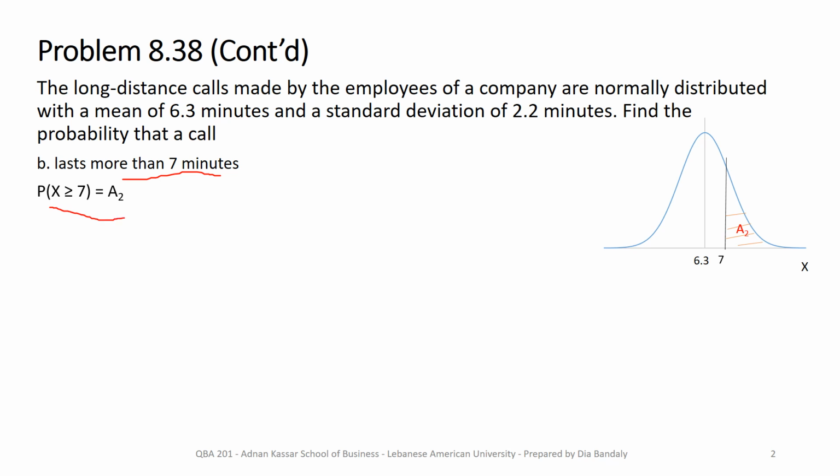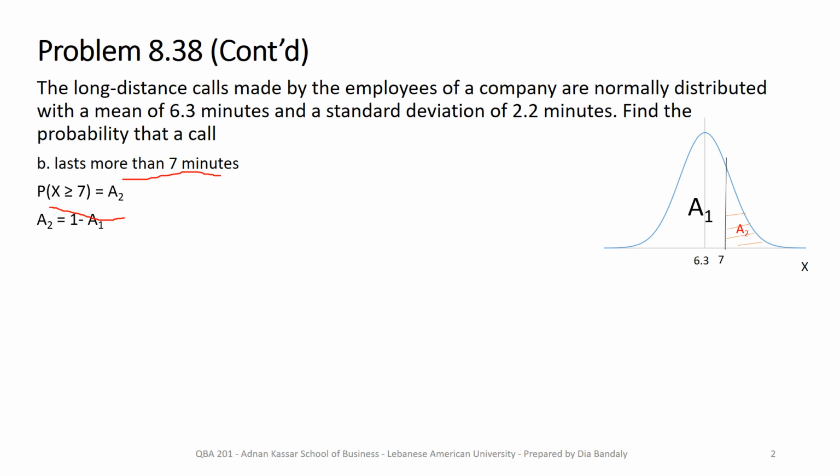But as we mentioned in the previous slide, A2 is an area that I cannot directly read in the table. Why? Again, because the table gives us the areas from the lower tail until a certain boundary. But this is not a big deal, because if I want to find A2, I can find A1, which is this one, right?